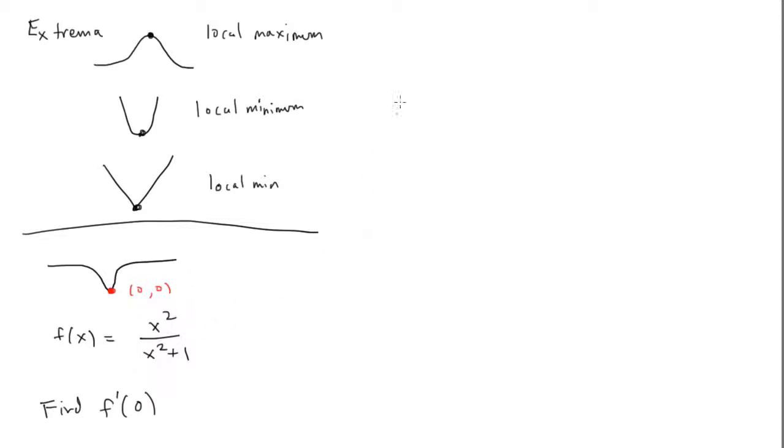Okay, so to find f prime of 0, let's first find f prime of x. So f prime of x is, well, we need to do the quotient rule here, so it'll be the bottom thing times the derivative of the top thing minus the top thing.